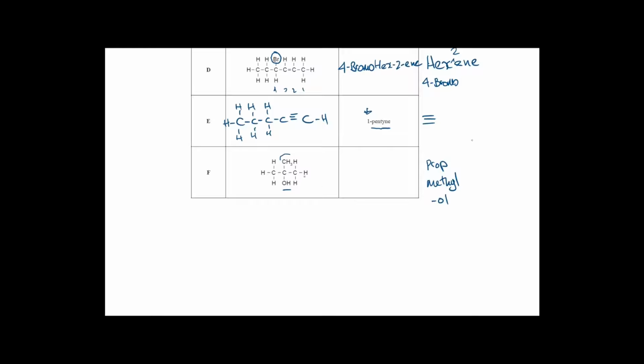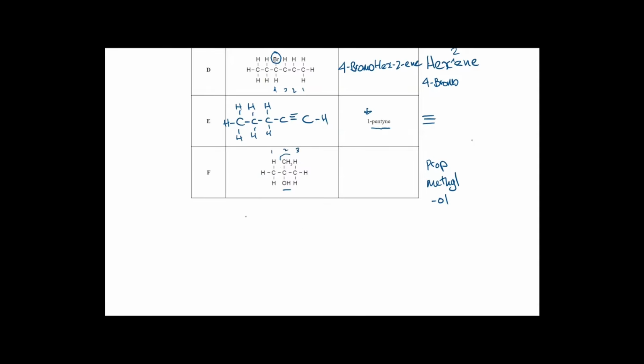There's more than one functional group here, so let's number them. First thing we're going to do is this methyl, which is on the, it doesn't really matter which side it comes from, say 1, 2, 3.